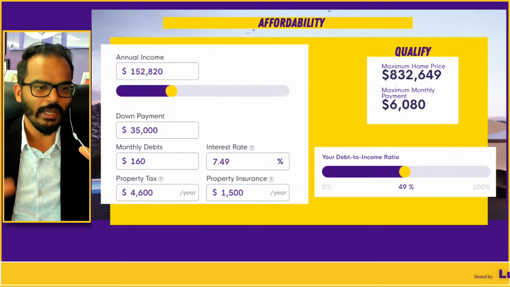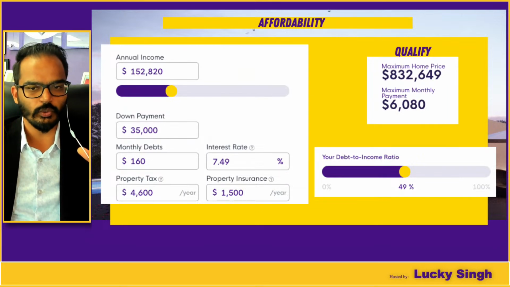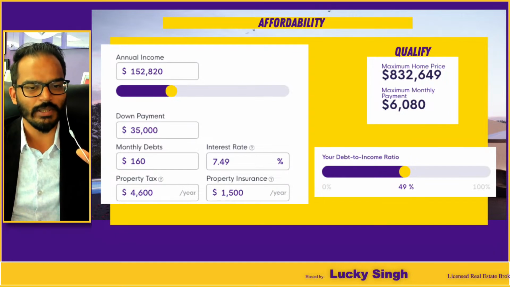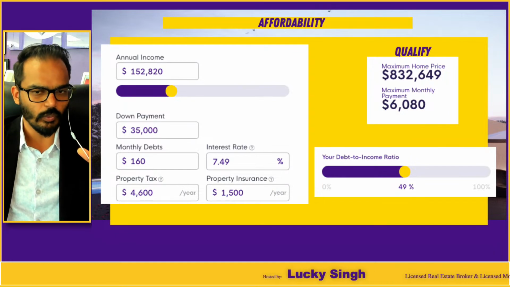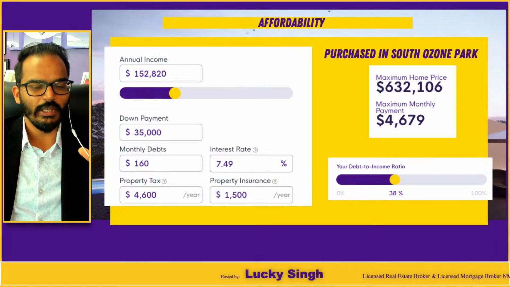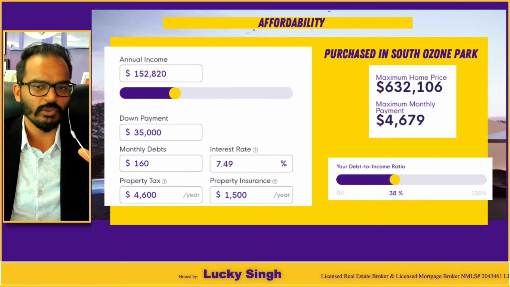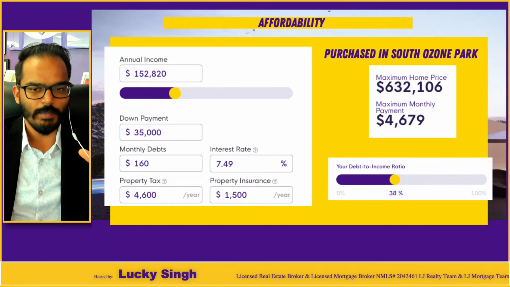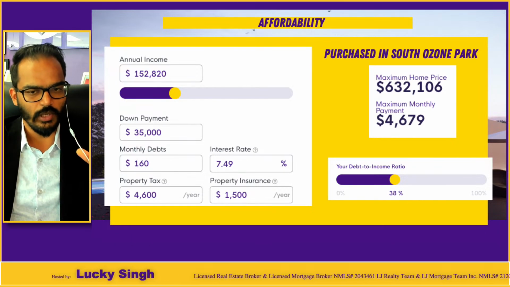Based on their income and their debt, they qualified up to $832,000. But they did not want to go with the $6,000 monthly payment. They just felt like that was too high. So they ended up buying a property for around $632,000, and their monthly payment was around $4,600.